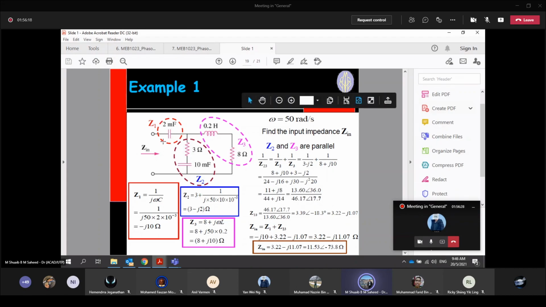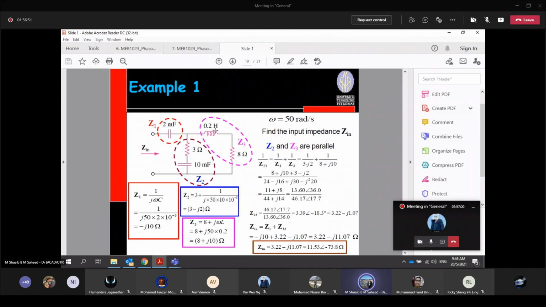Your Z1 only consists of a capacitor, 2 millifarad, so get the corresponding reactance. Your Z2 consists of two components, a resistor and a capacitor, so it will be 3 plus 1 over j omega C. Omega is 50, multiplied with C, 10 millifarad. You will get 3 minus j2 ohm.